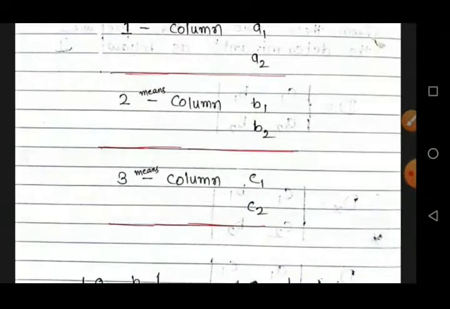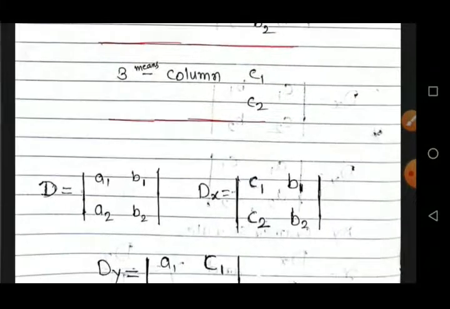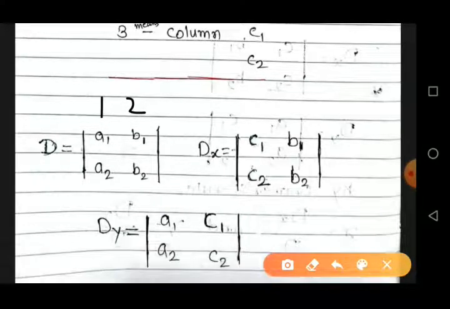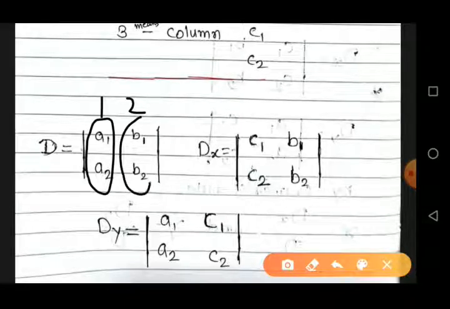If you remember this number 12, 32, 13, then while writing the determinants, suppose I have to prepare D, I remember the number 12. D means 12. Now how am I writing this? This is 1, 2. 1 means the column of a1, a2 and 2 means the column of b1, b2. Now how am I preparing the determinant Dx? 32.